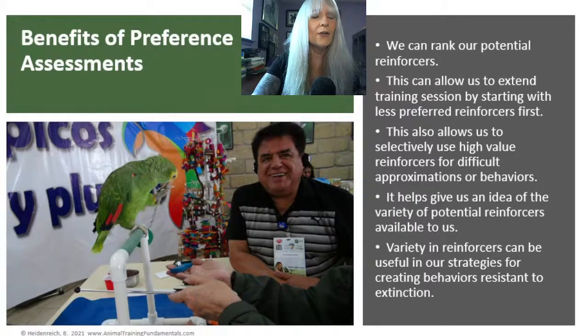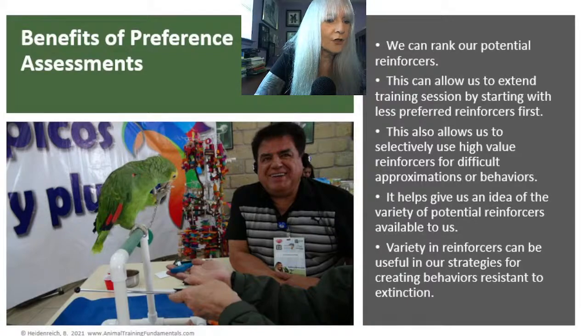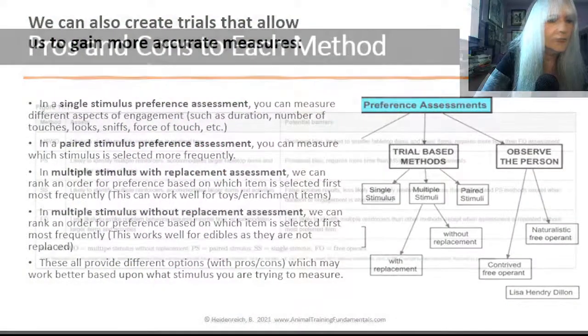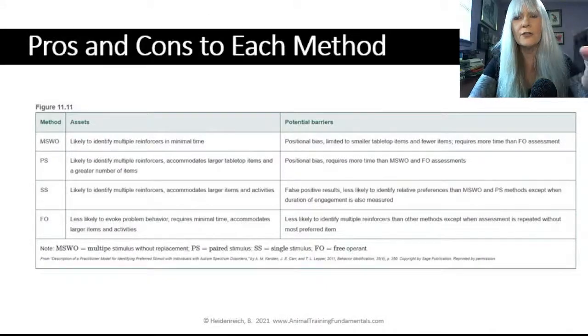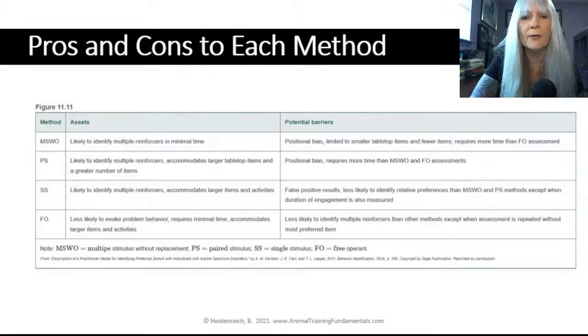I want to go back to this chart just in case you guys want some more. Where is it? Nope, this one. So the pros and cons chart. This chart comes from the Cooper book, for any of you interested in reading more about that.